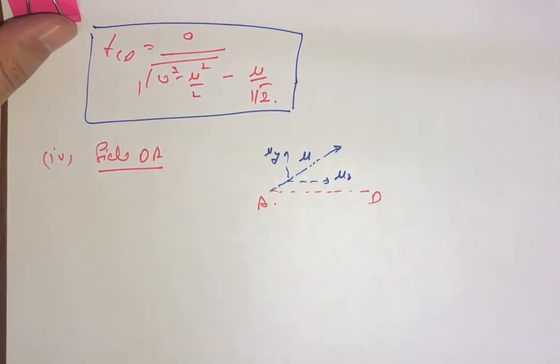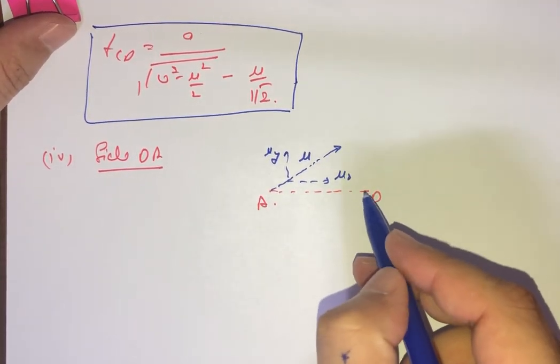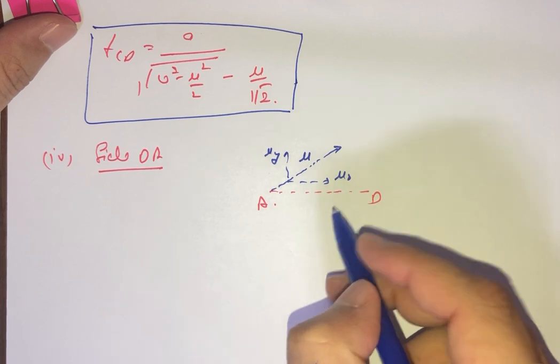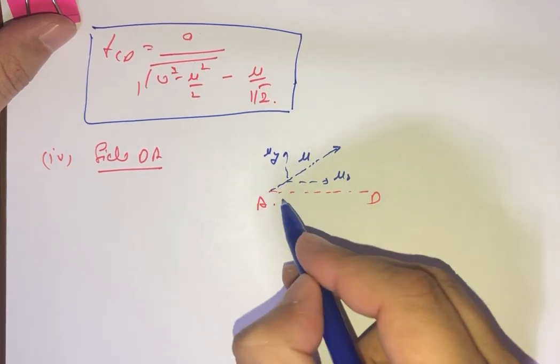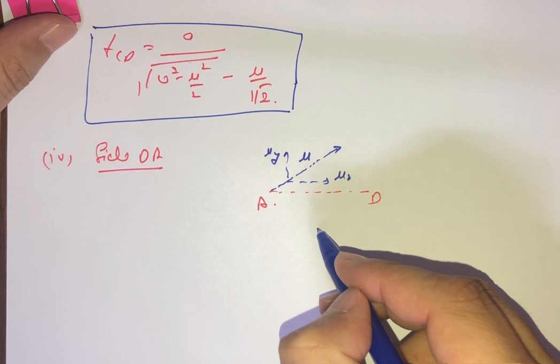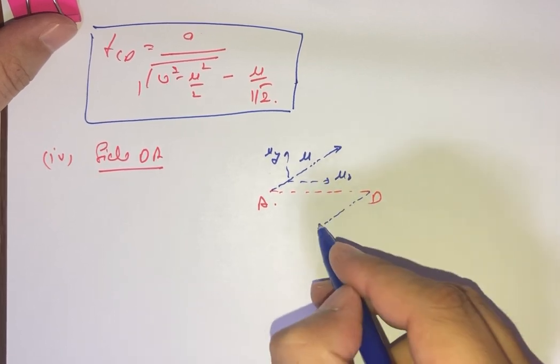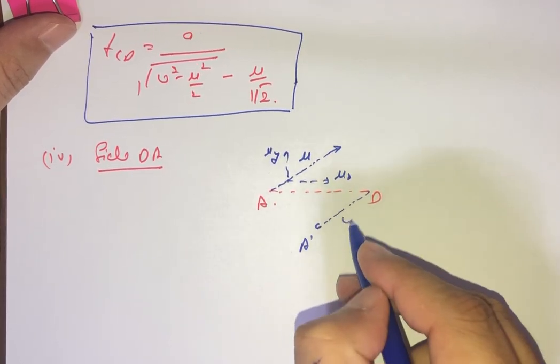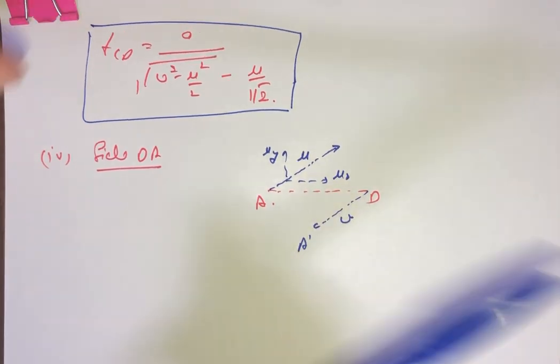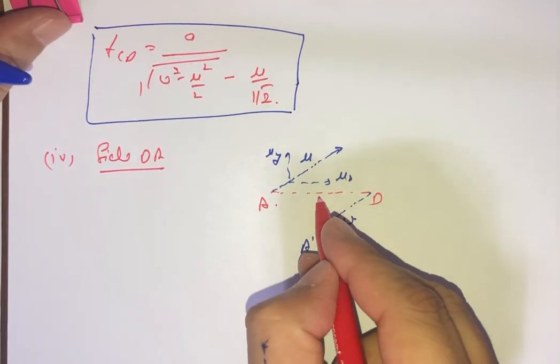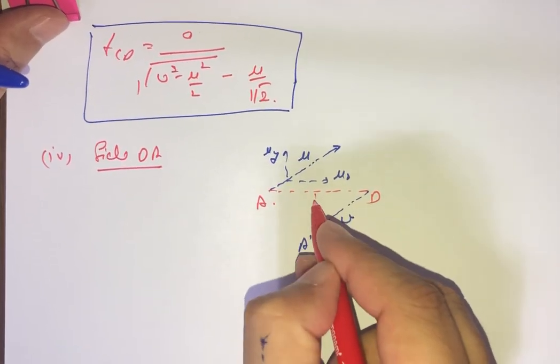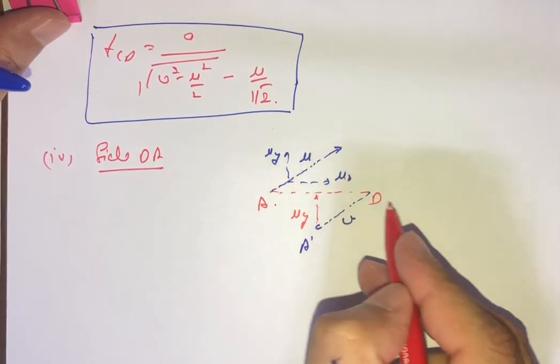So what we want is that the plane should actually be flying in the DA direction. So the actual flying direction of the plane will be DA prime in this direction with V. And this component will be called UY.